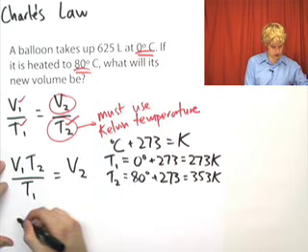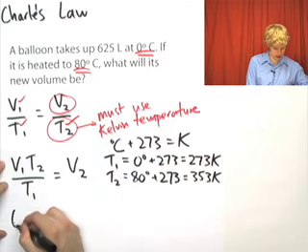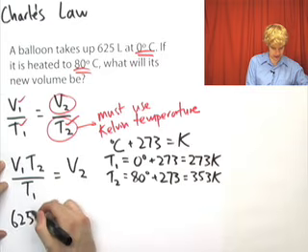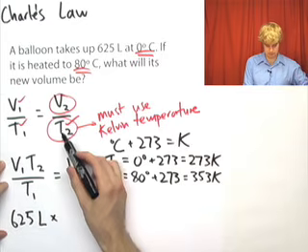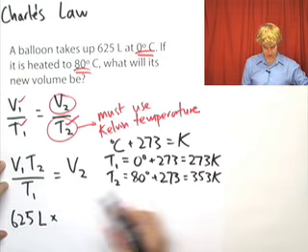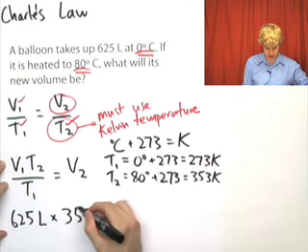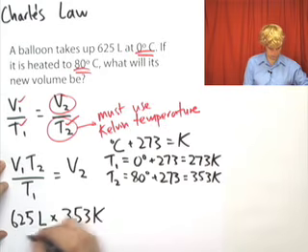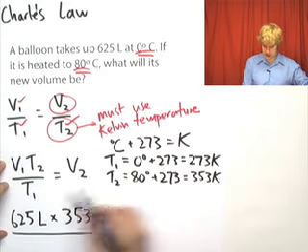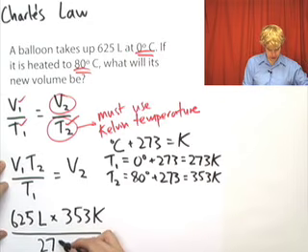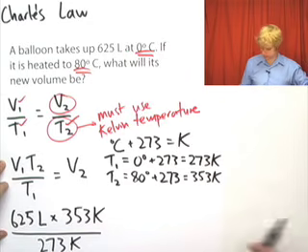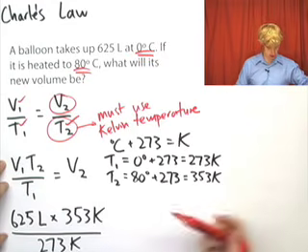V1, our initial volume, is 625 liters times our T2, which is, in Kelvin, 353 Kelvin, divided by T1, which is, always use a Kelvin temperature, 273 Kelvin.